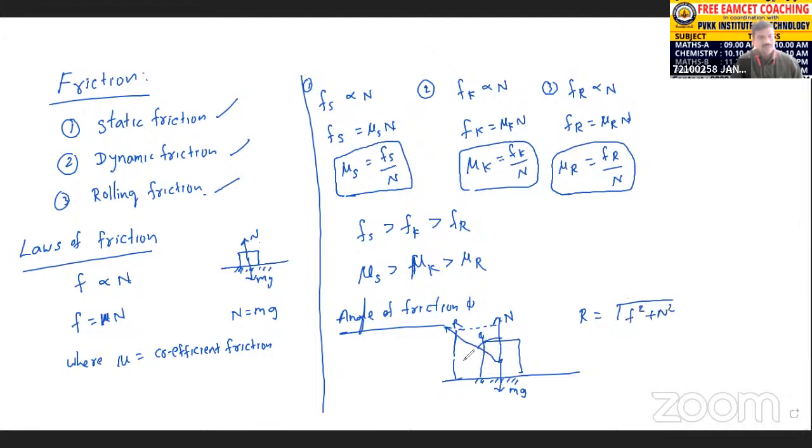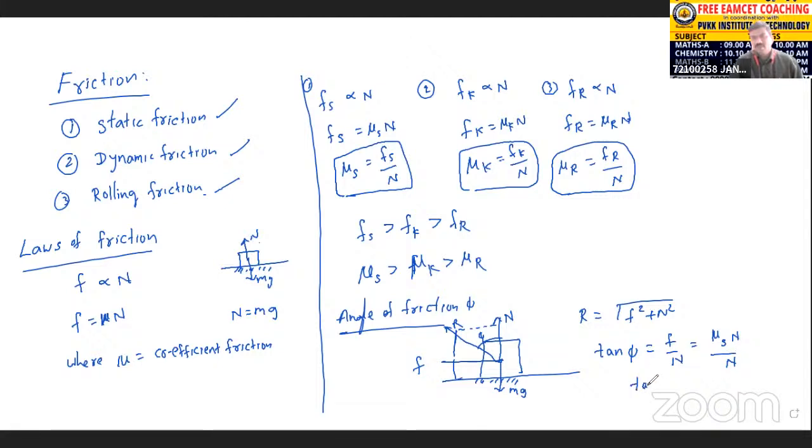This is the frictional force F. From the figure, tan phi is equal to F by N. Frictional force F is equal to mu s into N, so tan phi is equal to mu s N by N. From the formula F is equal to mu into N, N gets cancelled.